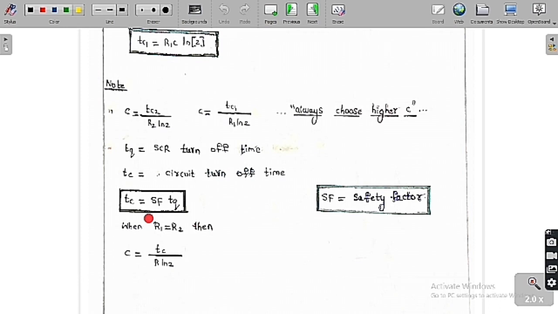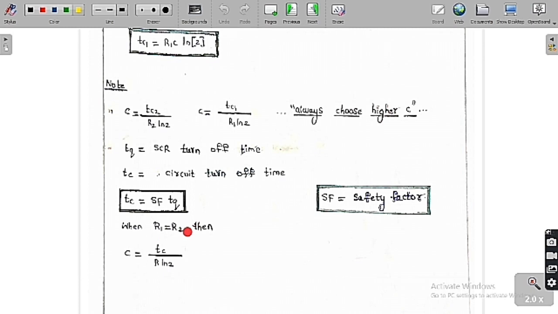So the safety factor is equal to Tc by Tq, therefore Tc is equal to safety factor into Tq. SF is always greater than 1.